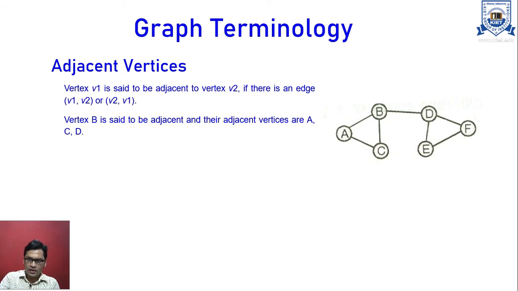Suppose A, C, D are adjacent to this vertex B, because A, C, D are connected with this vertex. This connection, this connection, this connection. Similarly, E and F are adjacent to vertex D, right? That's very easy.